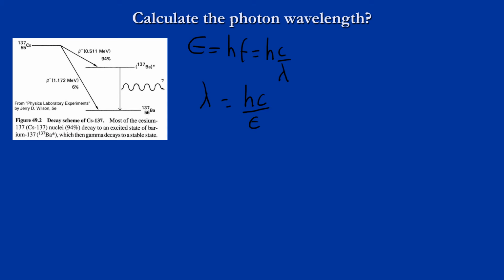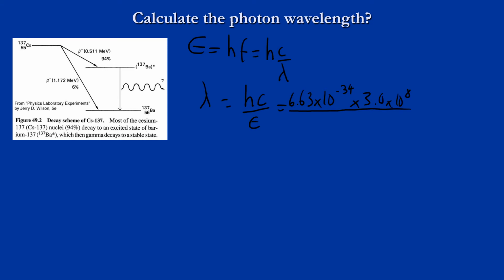So if we get that in joules, then dimensionally it will work out to have wavelength in meters. So 6.63 times 10 to the minus 34 times the speed of light, and then we need the difference in these energy levels.